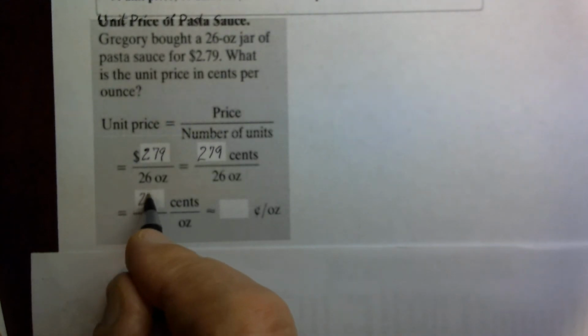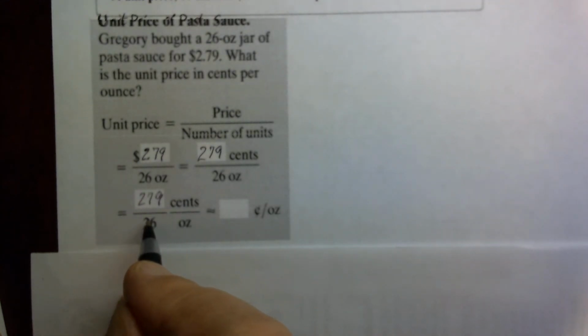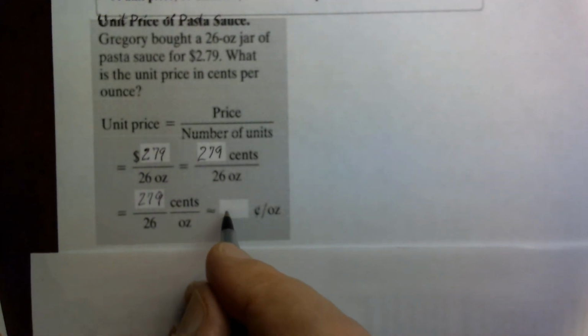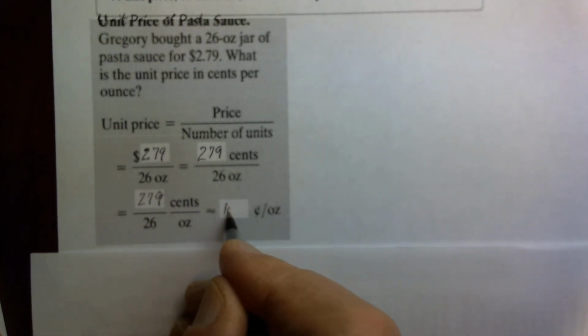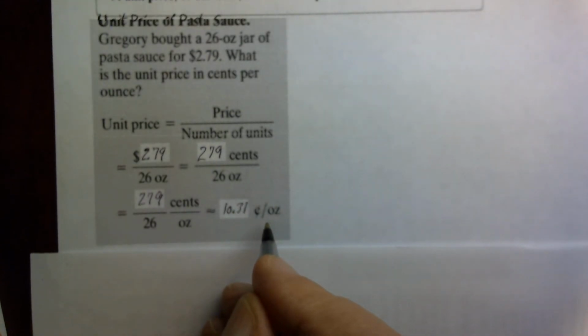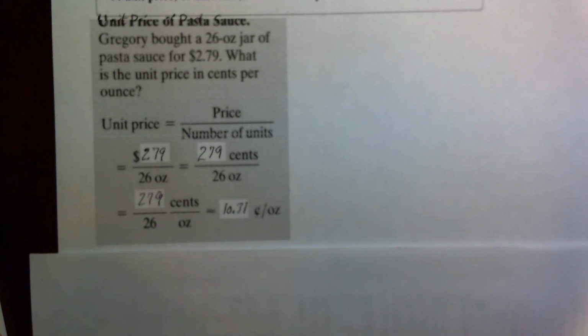So it's 279 divided by 26 cents per ounce, and that's about 10.31 cents per ounce. So there you have the unit price of pasta sauce. How many cents per ounce?